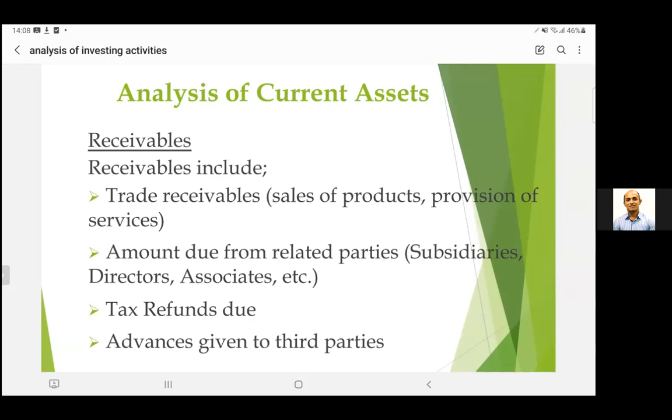Then you have to assess the collection risk. There are receivables where the recoverability is doubtful. For example, some of your customers may not pay you money.